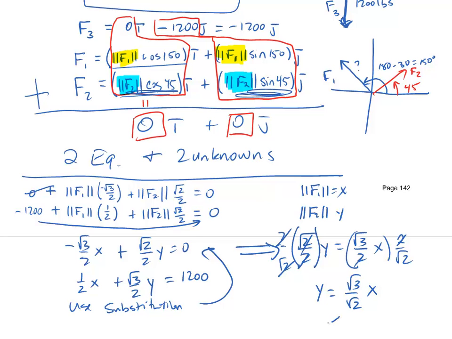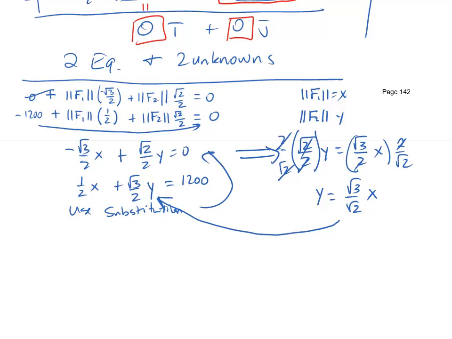So now substitute that back in to this y right here. So you have 1/2 x plus square root of 3 over 2 times square root of 3 over square root of 2 x equals 1200. I gotta be careful.